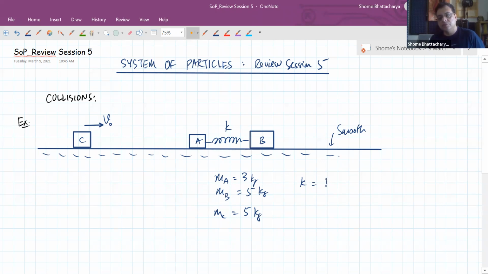Spring constant is, let us say, 15 newtons per centimeter. So A and B are initially at rest.